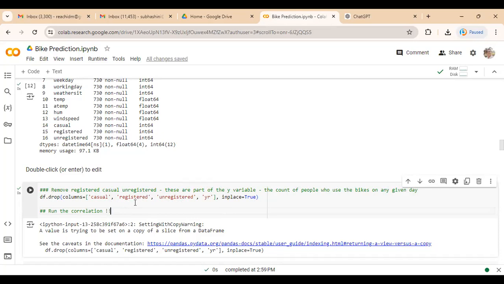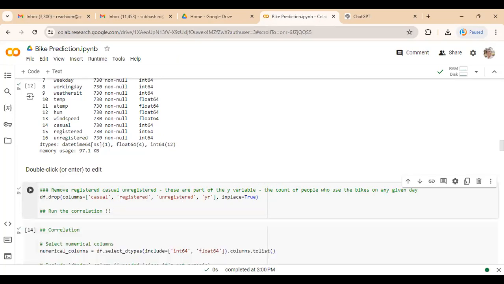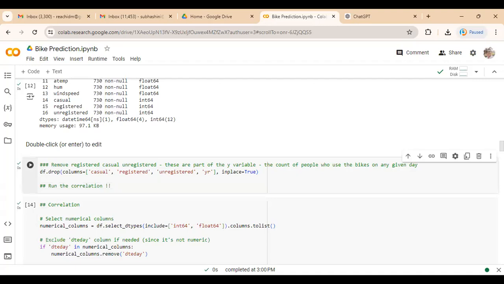Casual, we will realize, is actually the same as unregistered. So all of these we want to remove before we run the correlation. These all go into the creation of the y variable: casual, registered, and unregistered. And the year doesn't matter because we cannot repeat those years again in the future. Those years will never be repeated.